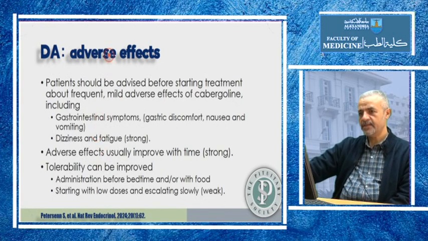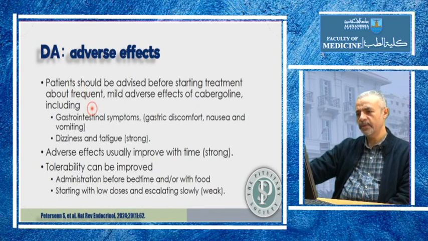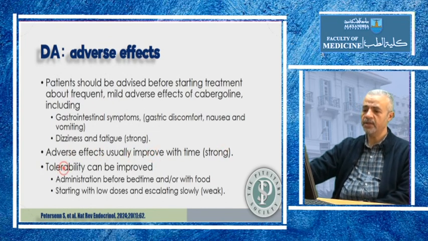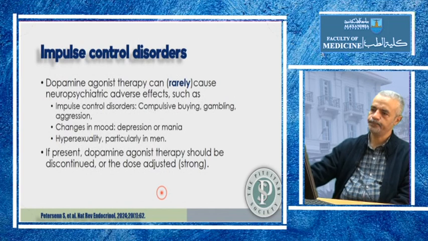About the adverse effects of dopamine agonists, a few usually tolerated adverse effects have been reported. The main ones include gastrointestinal symptoms like gastric discomfort, nausea and vomiting, plus dizziness and fatigue. Usually the adverse effects improve with time, and you can improve the tolerability by administering the dopamine agonist before bedtime or with food, and starting with a low dose and slowly escalating the dose.